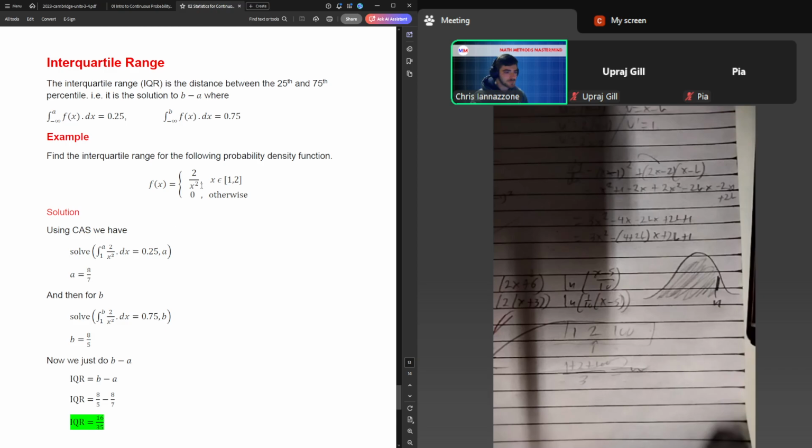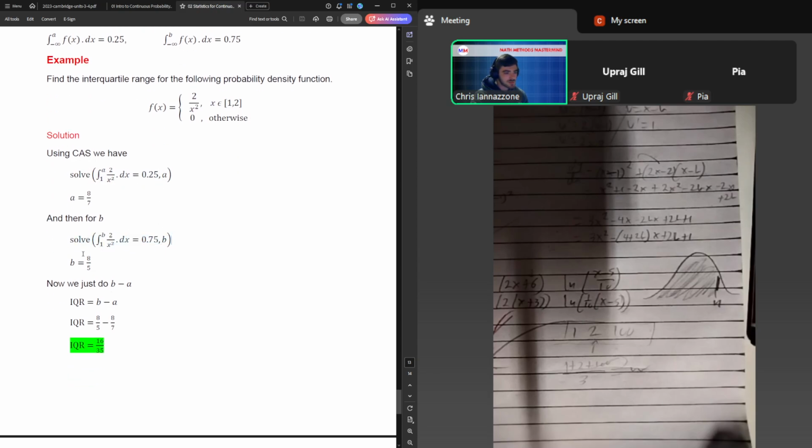That's pretty much it. So you do your integral equals 0.25, that's this one. You do your integral equals 0.75, that's that one. And then you just do 8 over 5 minus 8 over 7. That gets you your interquartile range. It's a pretty easy calculation, as far as how that all works.